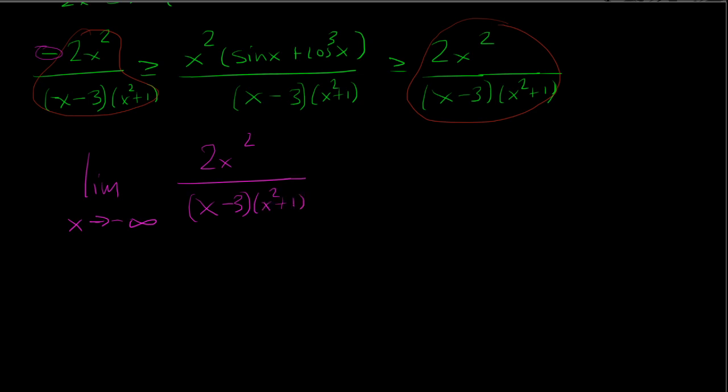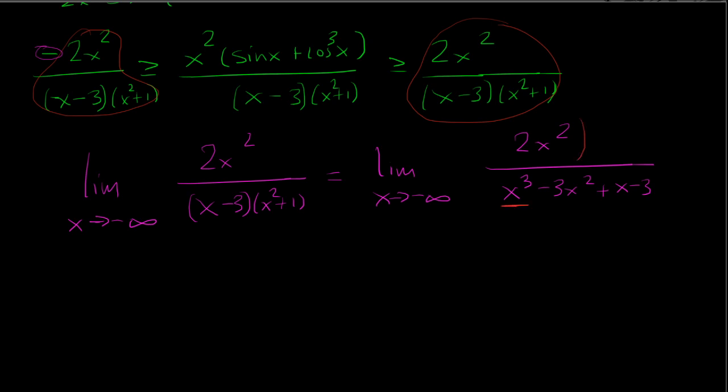Here it's probably better to FOIL it out. So we'll FOIL out the denominator. We'll get x cubed, let's see, minus 3x squared plus x minus 3. Now I'm going to find the highest degree of the denominator, which will be the x cubed.